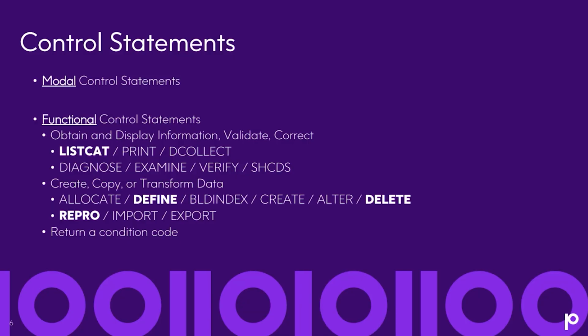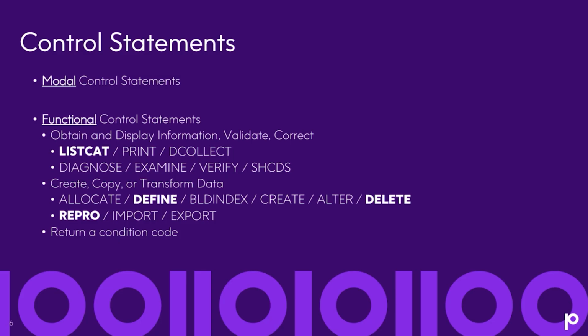Okay, so we'll talk briefly about the control statements and take a look at each of them. There are two flavors of control statements within IDCAMS. There are the modal control statements, as the manual refers to them, that control the flow of operations.